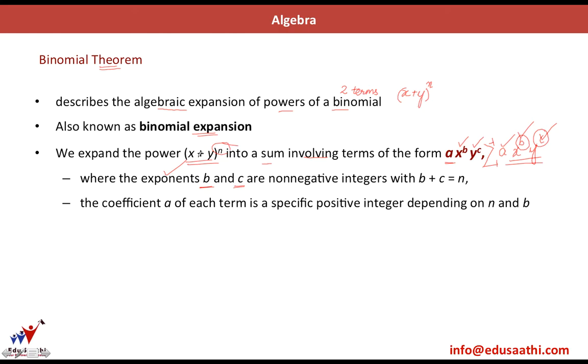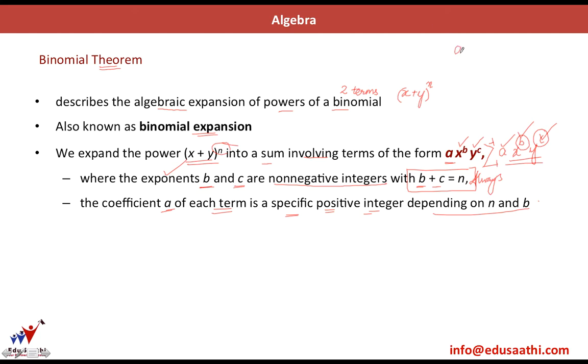One thing that you need to take into consideration is that these are non-negative integers with b plus c always equal to n. Always. This is very, very important. b plus c is always equal to n. And the coefficient a of each term is a specific positive integer depending upon n and b.